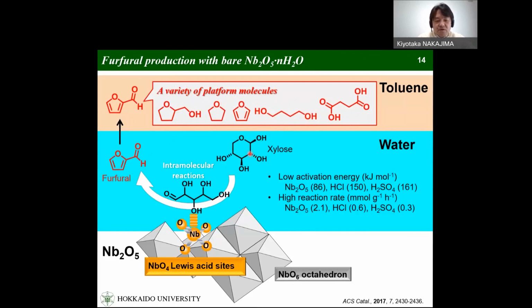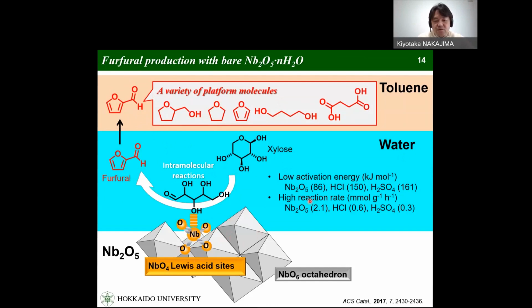And conversion of xylose to furfural can be achieved on niobic acid. I mean, the Lewis acid site of niobium oxide can convert this molecule to furfural smoothly. And the furfural formed in the water phase is extracted smoothly with toluene to prevent byproduct formation.